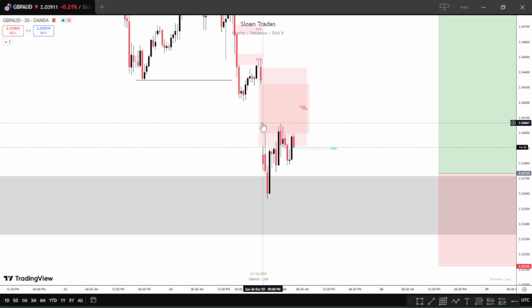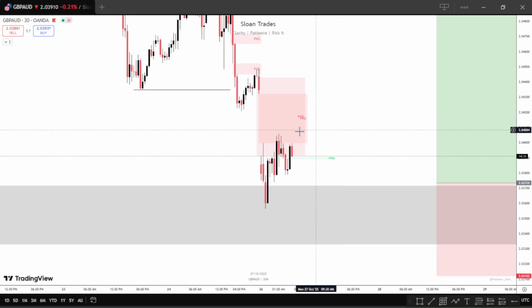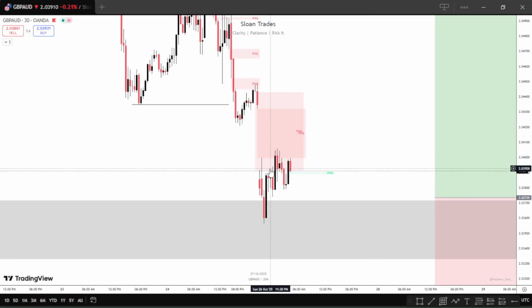So I'm now confident enough that this market is going to continue in buys, and then I can get in. At the moment, there has been no particular clear structure signifying that we're going to switch. So I'm going to be patient a bit, wait a bit, and then observe what the market does next.